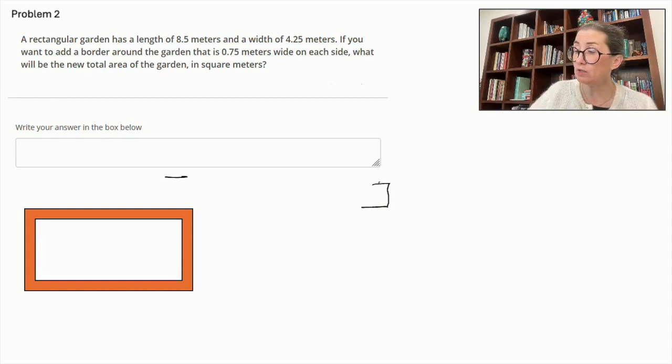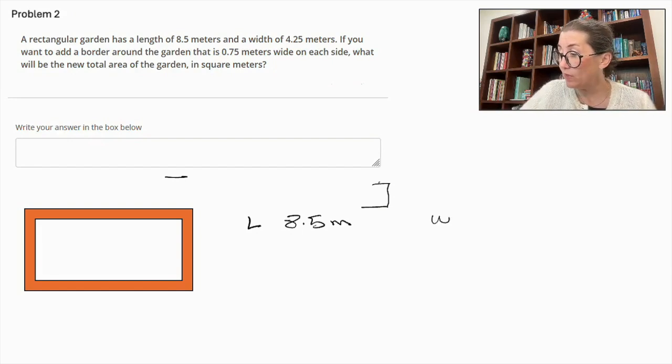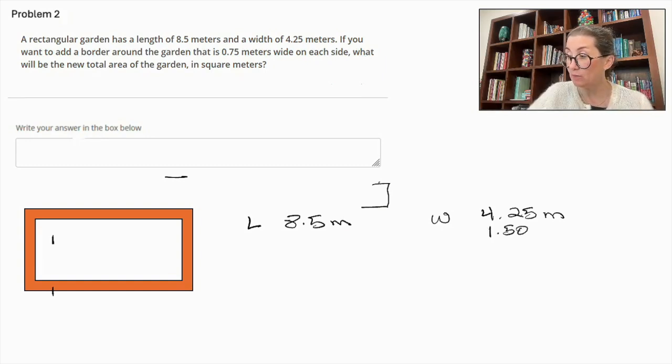So the original length is 8.5 meters. The original width is 4.25 meters. And we are adding on the width 0.75 twice, there and there. So that is 1.5 additional meters.